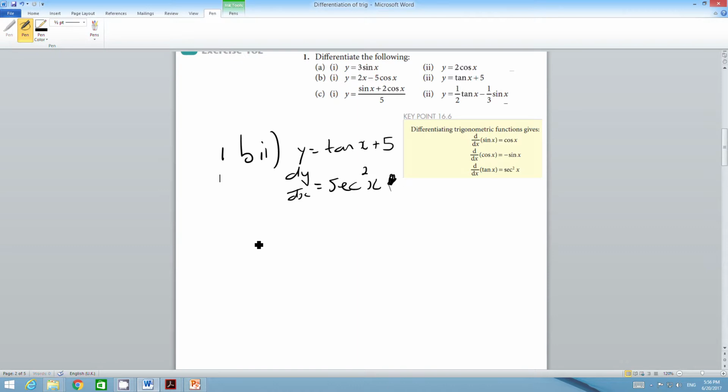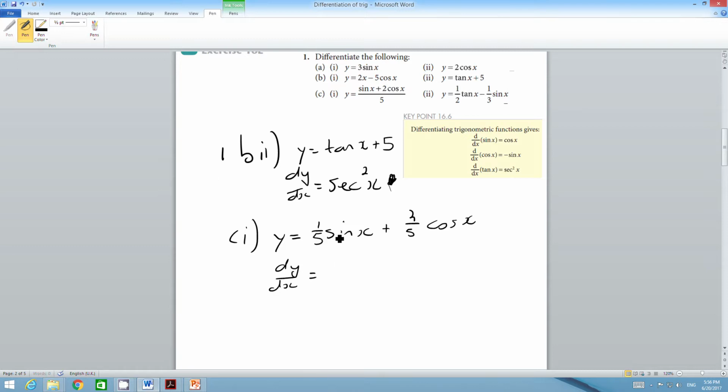Let's take a look at one more example. 1c part 1. They tell us the following, y is equal to sine x plus 2 cosine x, all over 5. It is one big fraction, but I do not like this one big fraction, so I want to separate it. I'm going to write here a fifth sine of x plus 2 over 5 cosine of x. And now it is easy to differentiate, dy dx.